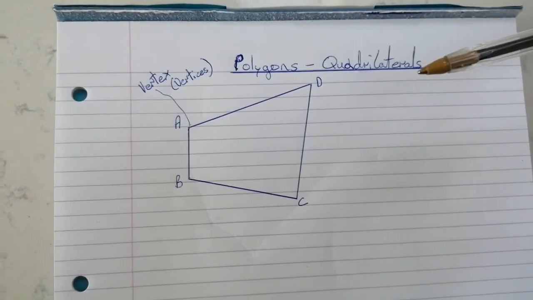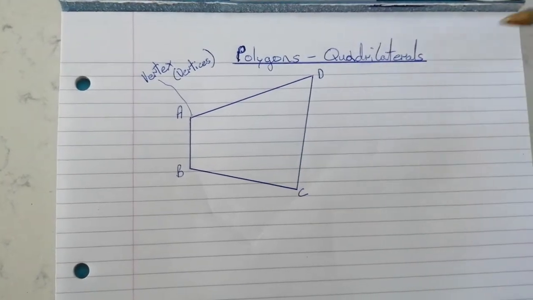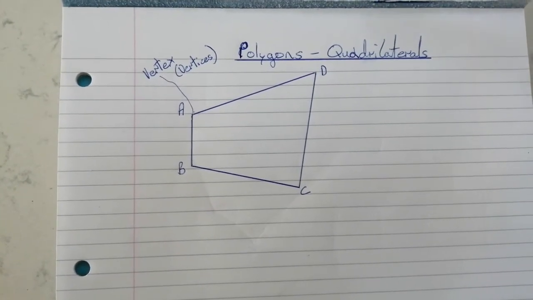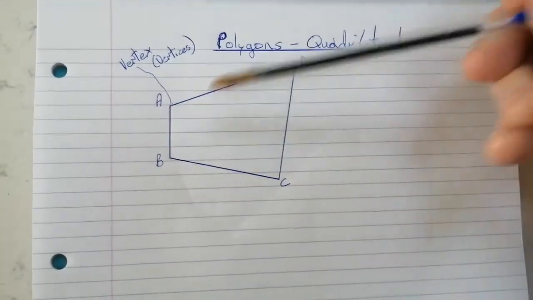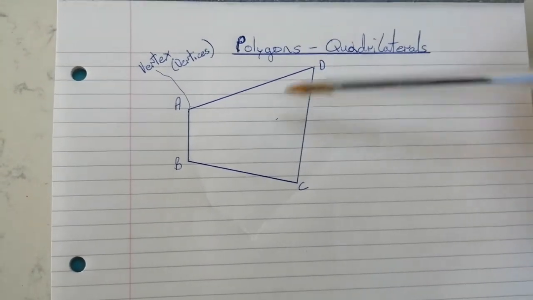The next thing, I suppose, generally about quadrilaterals is that whether they're unusual like this or the more regular ones, there are a few things that they have in common. Specifically, I want to name two of them. One of them is that they have four sides which are straight lines. Sometimes they're the same length, sometimes they're not, like this.